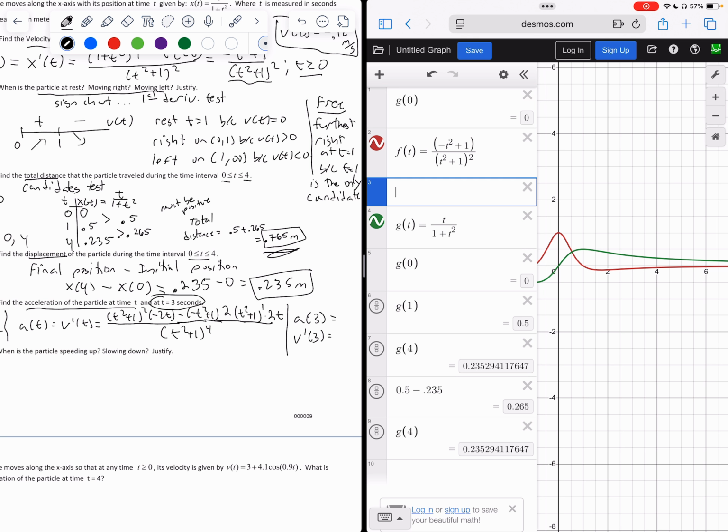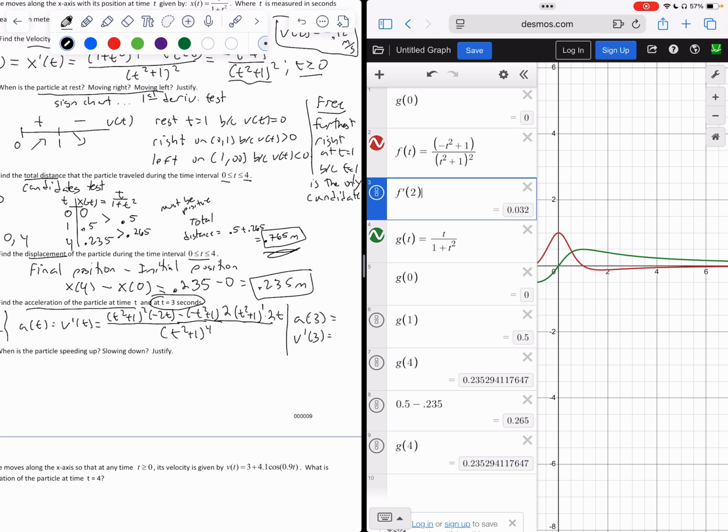I can do that really easily if I go down below here and find f prime of 3. Whoop, I typed 2, excuse me. There it is, 0.036. Now, this is acceleration, so this is going to be meters per second squared. And there is our acceleration at 3.